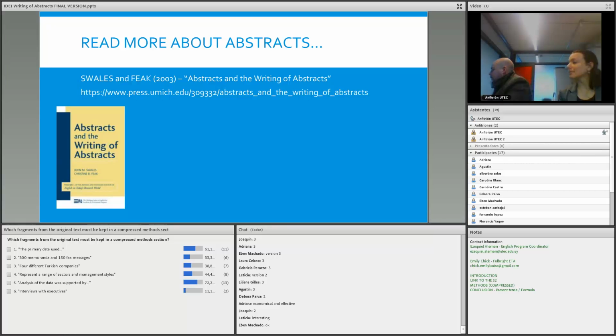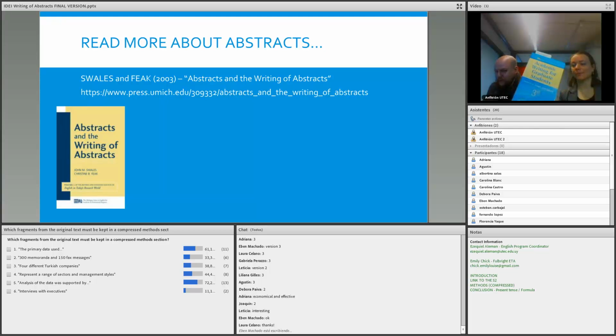And there's another book we have here at E.T.A, and if somebody wants to take it home for a good read, you can. This one is called Academic Writing for Graduate Students, also by Swales and Feak. It's a wonderful book. It mentions abstracts, but it focuses on the whole research article process.